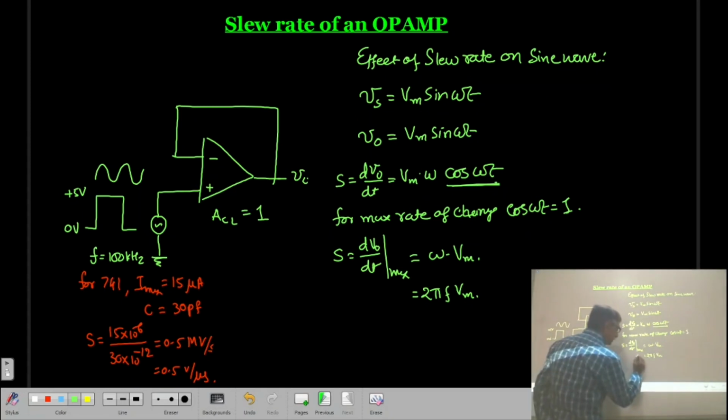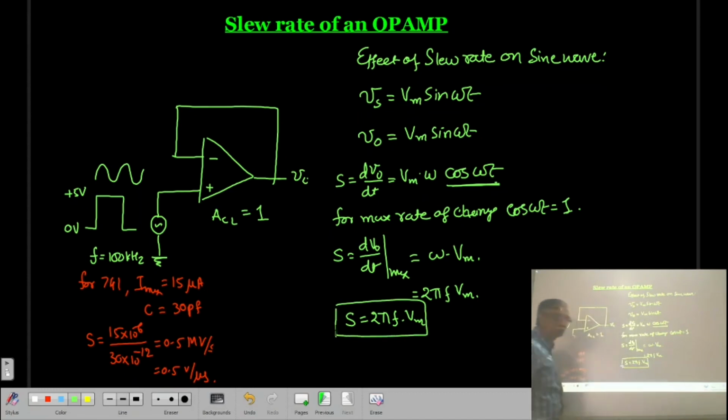So, one of the important formulas for the slew rate is 2 pi f into Vm. Vm, you have to consider as a peak value. Remember, it is not an RMS value, it is not a peak to peak value. You have to consider a peak value.